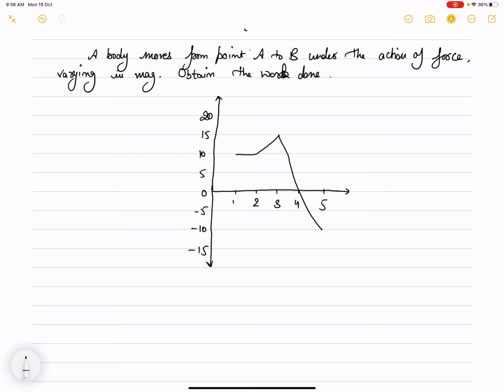Okay, so here is your graph. These points are A, P, Q, R and B. This graph is somewhat like this.